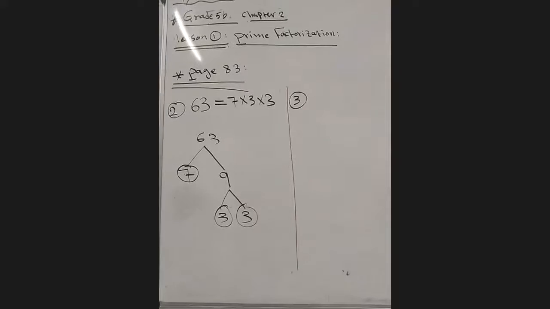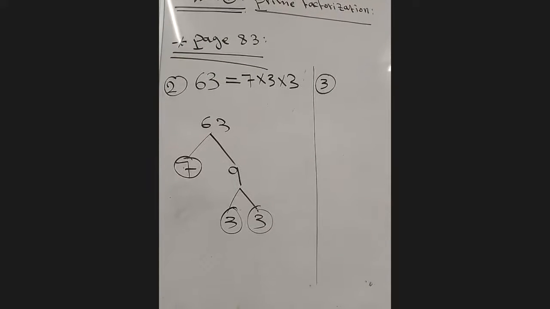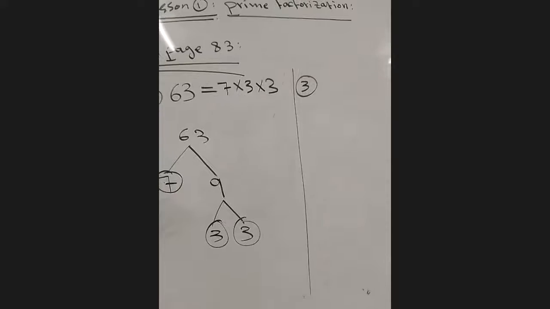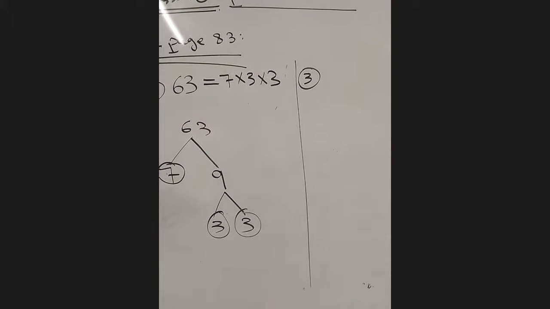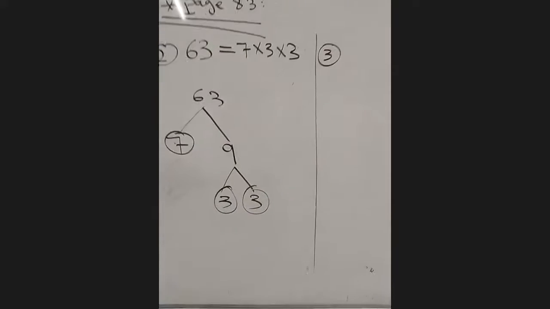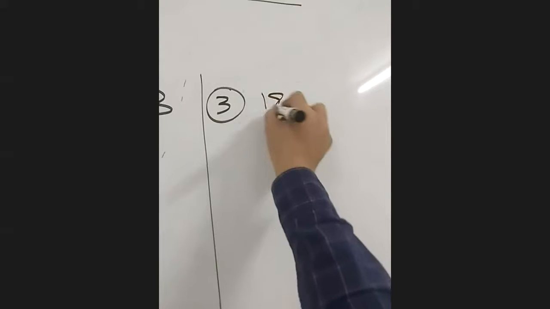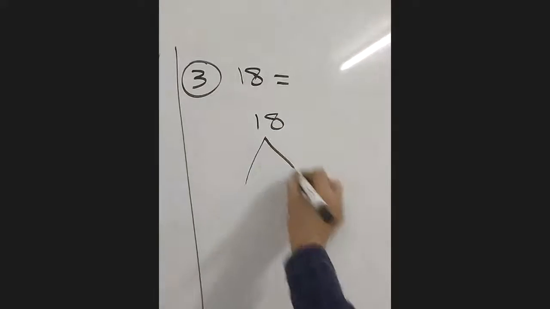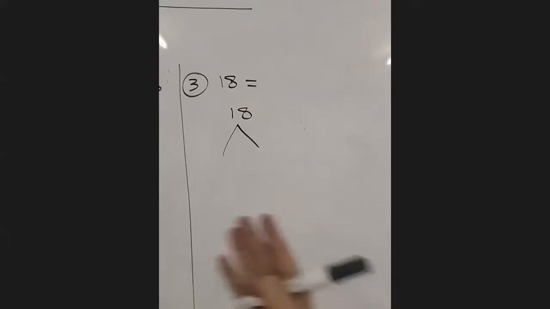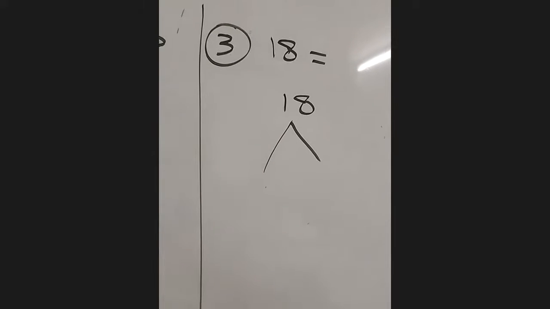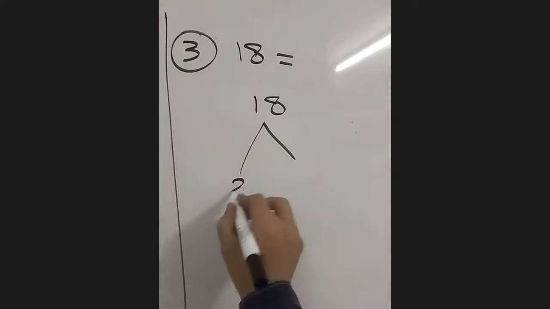What's the number in question 3? 6 multiply 3. 18. 18 equal. This is the question. Down of it, guys, we will copy and make our 3. Give me 2 numbers. If you multiply them, you get 18, Walid. 3 multiply 6.